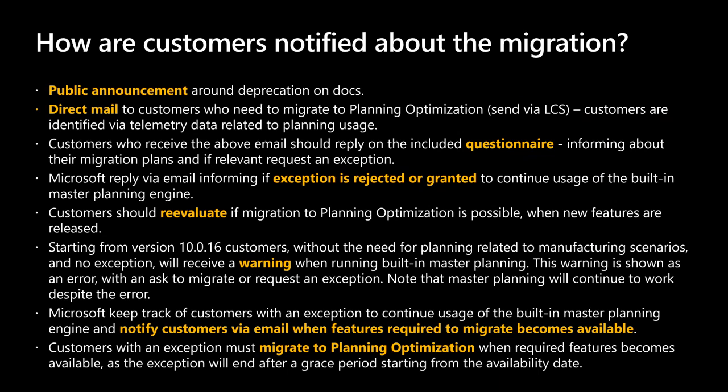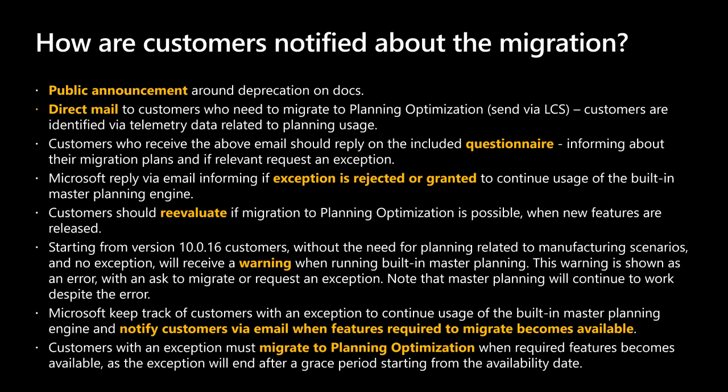There was a public announcement about the deprecation, and customers that were identified as customers who could migrate, basically because at that point in time they were not using production functionality, they were not generating planned production orders, got a direct mail to the environment admin with information about how they can migrate, and also in case they could not migrate, how they could request an exception.